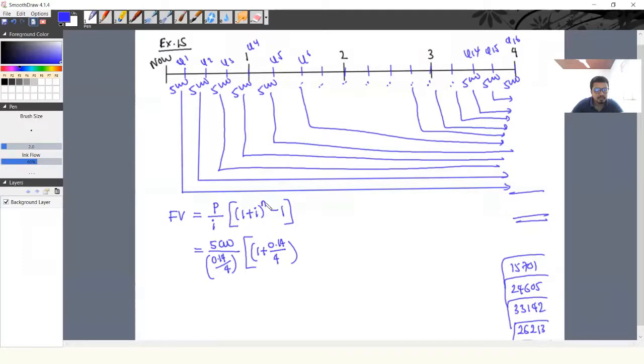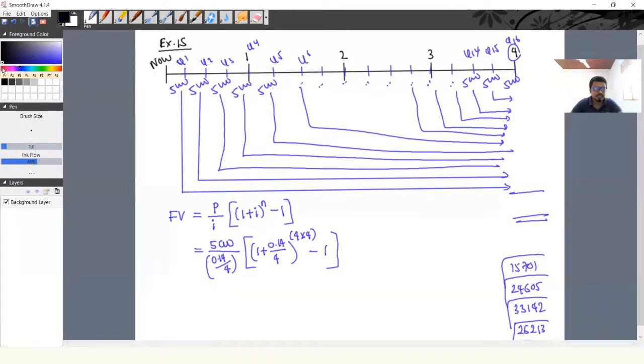Now it is not only n, it is N into F. N means number of years, that is 4. 4 into F, that is 4, that is 16. I will write it here like this: 4 into 4. N into F minus 1.